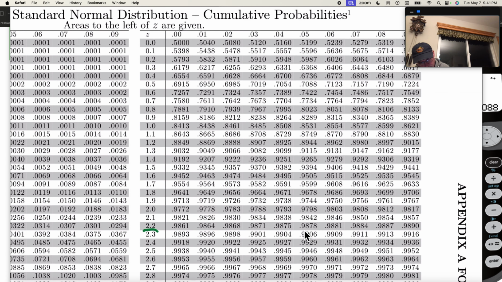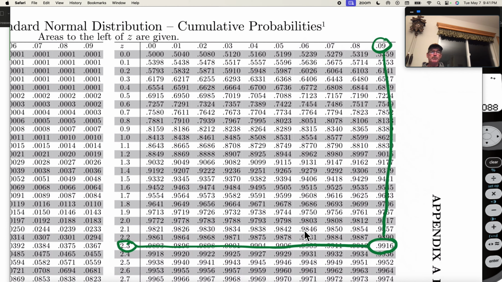Okay, so 2.3 in the very last column will be 0.09. Okay, so that's 0.9916. There you go, 0.9916. And then somehow we're going to have to get a p-value from that.